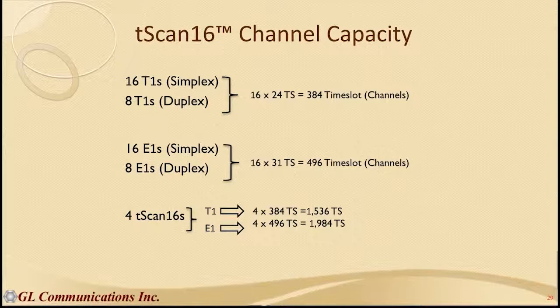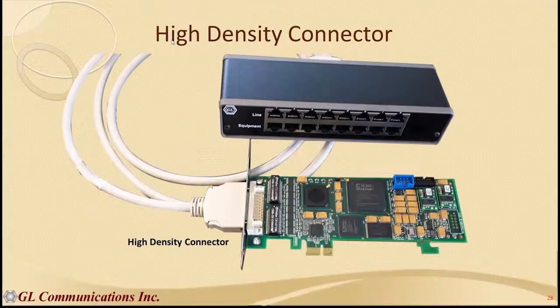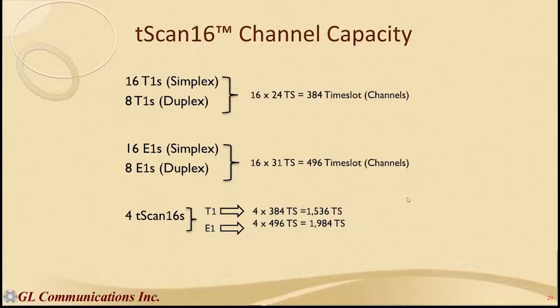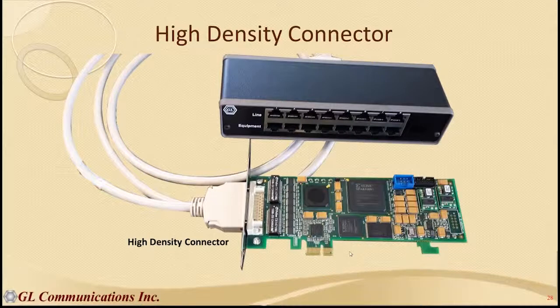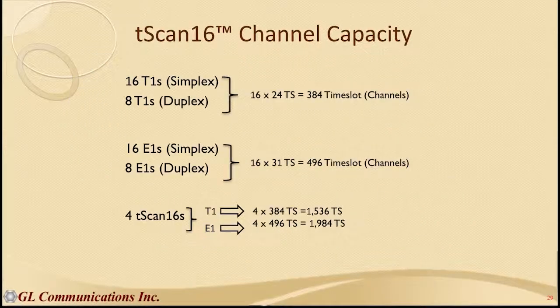In effect, by using our T-Scan 16, one of these cards can be monitoring 384 channels if it was a channelized application. So that's a lot of time slots, and it's all done in a single PC. A single PC, like an i5, i7, could be monitoring that many channels.